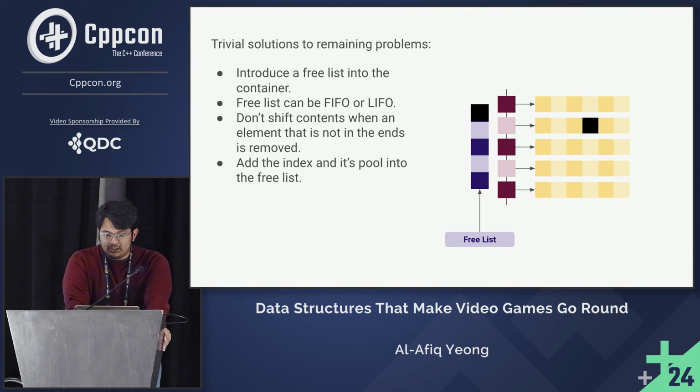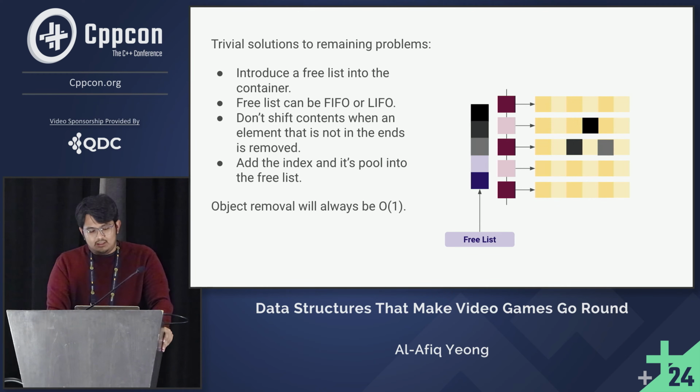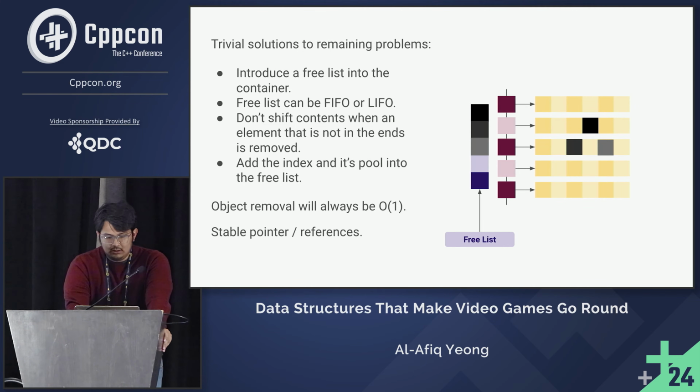If you need to remove any more objects, do pretty much the same thing again, right? Put it in the free list. And with this, object removal will always be O(1). Also, we have to make sure that when we're removing the object, we don't shift the contents around in memory. That's how we get the O(1) on object removal. We get stable pointers and references.